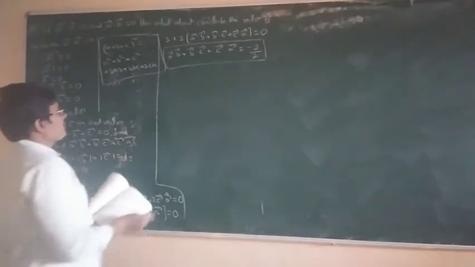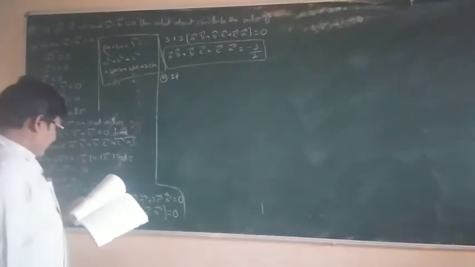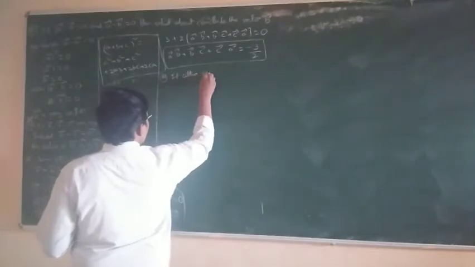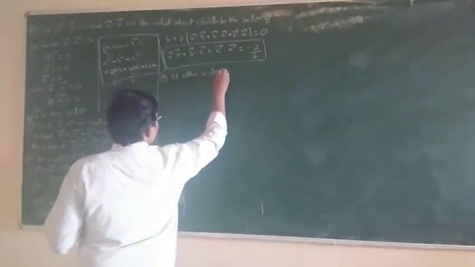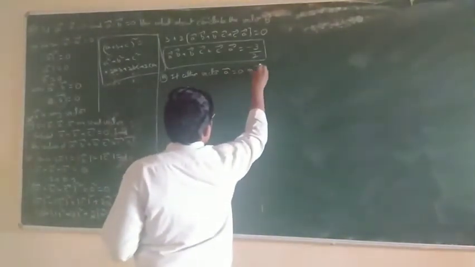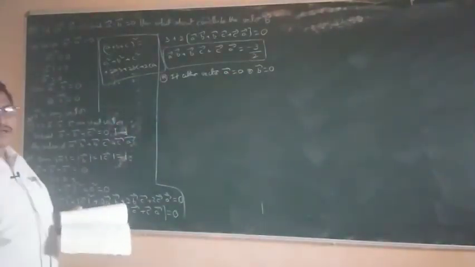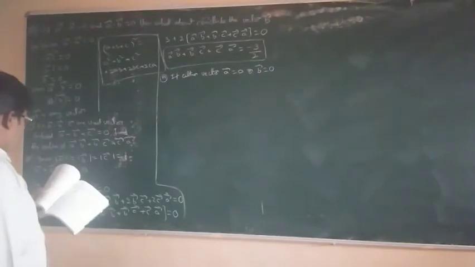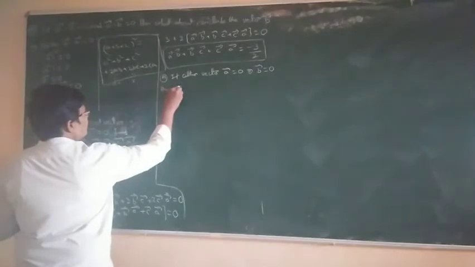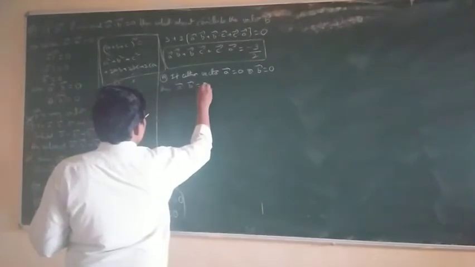Next, 14th problem. If either vector a bar is equal to 0 or b bar is equal to 0, either vector, any one of a bar and b bar is 0, then a bar dot b bar is also 0.